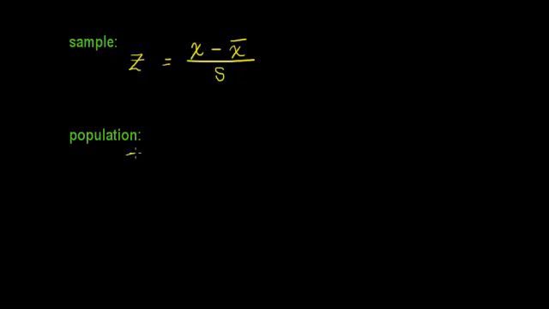For the population, we take our value, and now we use the population mean, which is mu. Same idea. What's the difference between the value we're interested in and the average, or the measure of central tendency for this data set? And then divide that by the population standard deviation. So it just depends on which we're dealing with, a sample or a population.